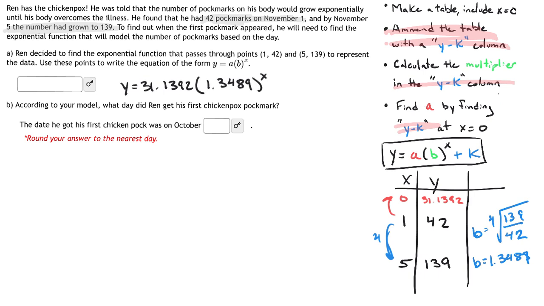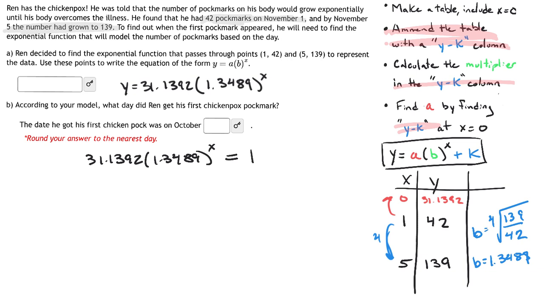So that is our exponential equation. So that's step 1. Now, step 2, it says, when did Ren get his first chicken pox mark? And so you need to work this backwards, actually. So you take your equation, 31.1392 times your multiplier, 1.3489 to the x, and the asymptote is 0, so we don't need to add anything on there, and then we're going to set that equal to 1.